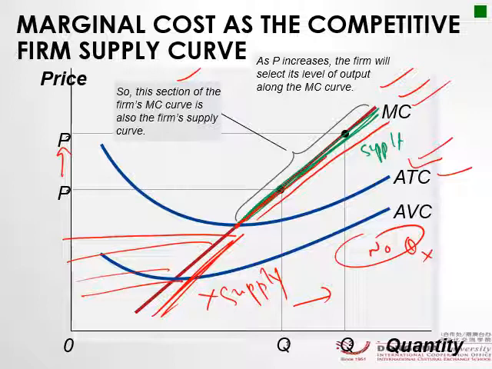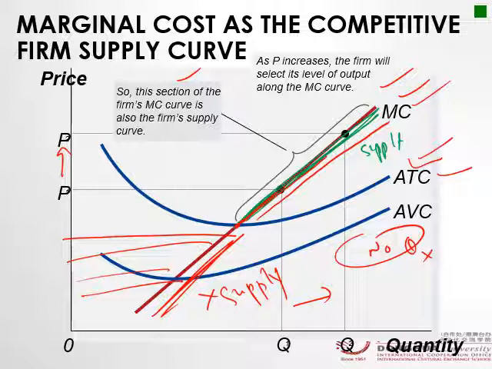Because if the price is below the average total cost, no supplier wants to produce, no quantity, right? Similarly here, if the price is less than the average total cost, no one wants to produce, right? Only if the price is above the average total cost, the supplier wants to supply goods.